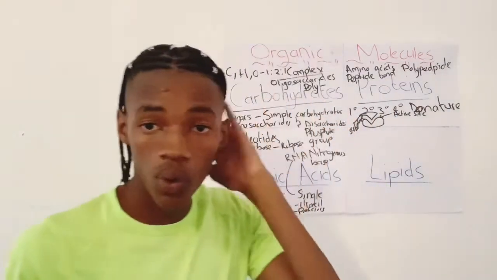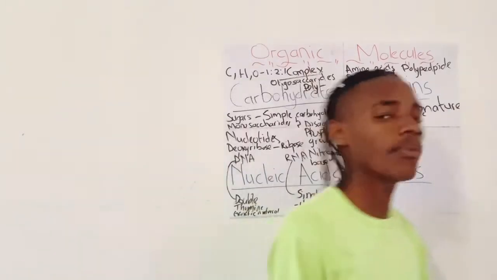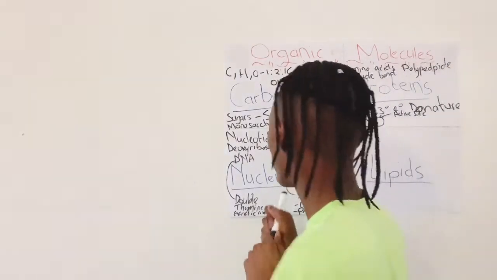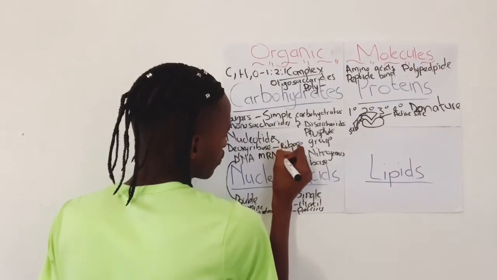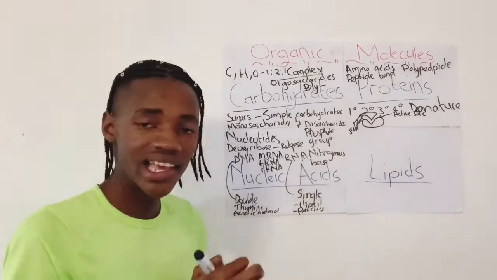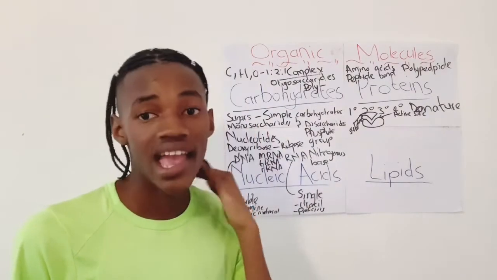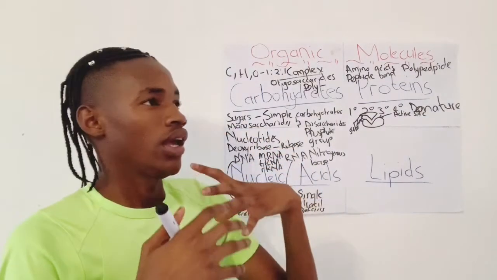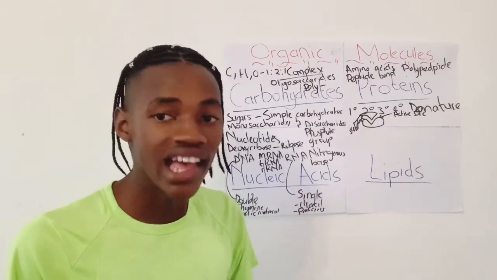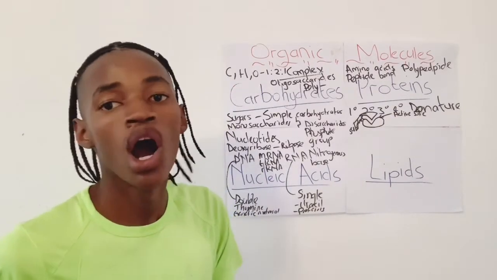One other important thing to note is that DNA is actually the one that determines the type of RNA that we have, because we know that we have mRNA, tRNA, and rRNA. mRNA is messenger RNA, which leaves the nucleus, has codons, and copies the genetic material from DNA. tRNA is transfer RNA that carries the amino acids, and rRNA is ribosomal RNA that is found on a ribosome, right?